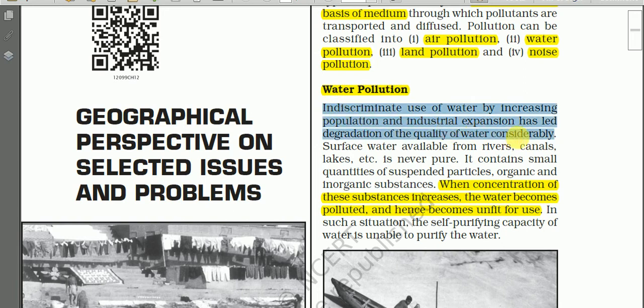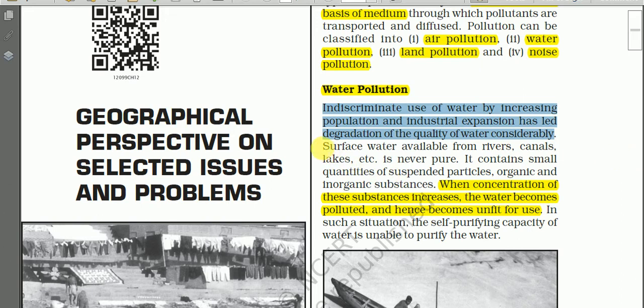Indiscriminate use of water by increasing population and industrial expansion has led to degradation of quality of water considerably. Okay, because of the rapid increasing population and industrial expansion, there is degradation of the quality of water.